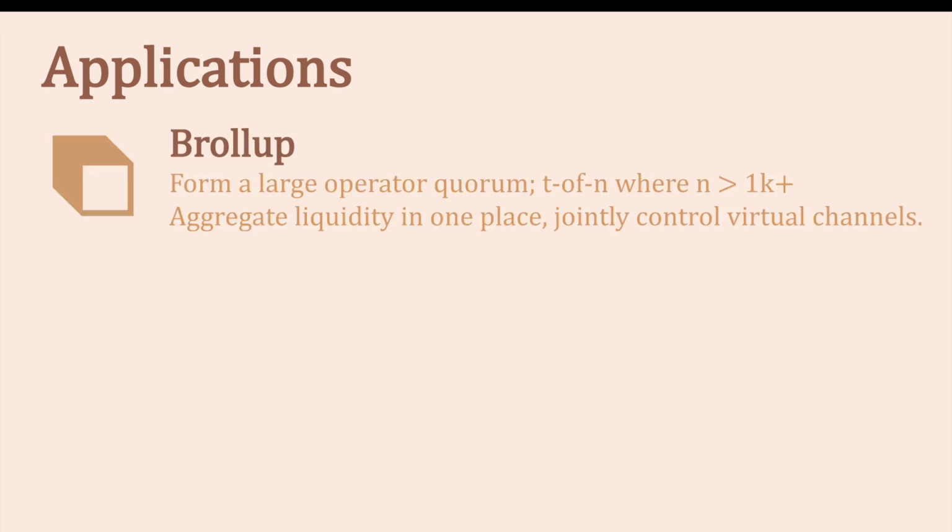So that's pretty much how the protocol works overall. And in terms of the use cases, there is Rollup. For those who are not familiar, it's a Bitcoin payments rollup. It's kind of like a timeout tree with virtual channels.